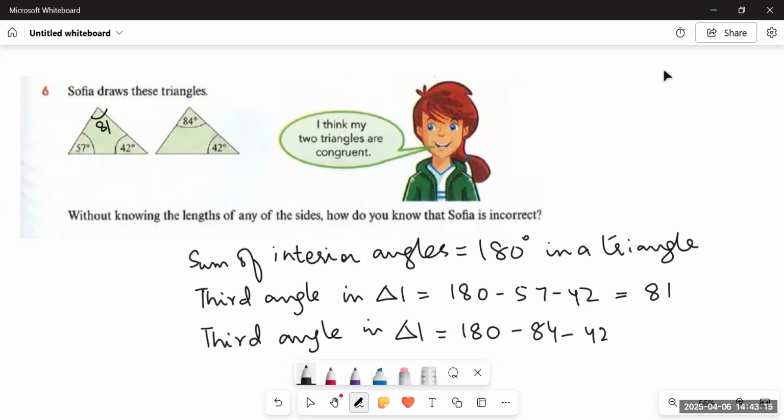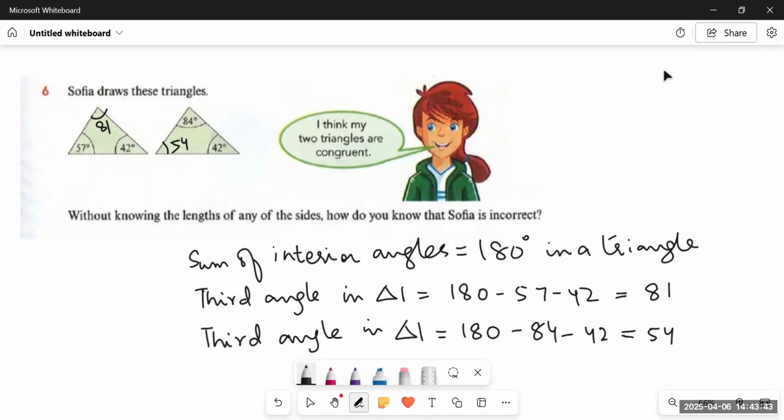So the answer would be 54. It means the third angle would be 54. So you can see that the three angles in the two triangles are not equal to each other. Since all three angles are not equal to the other triangle's angles, the two triangles are not congruent.